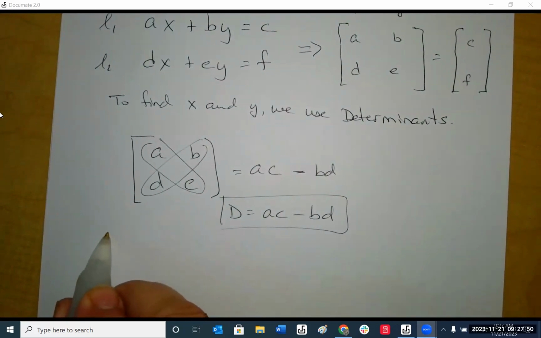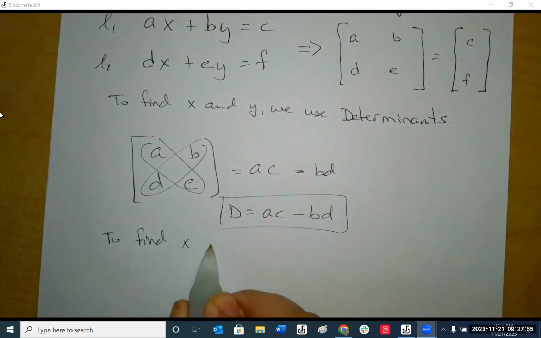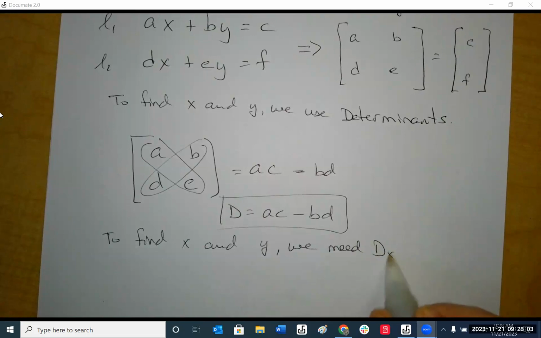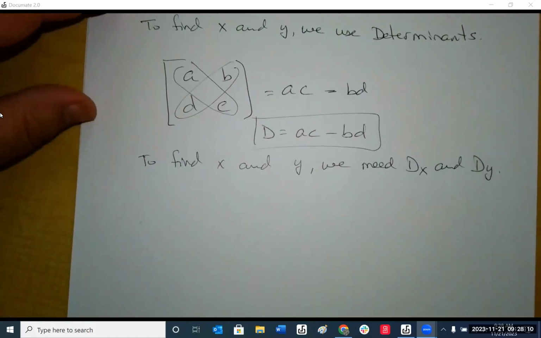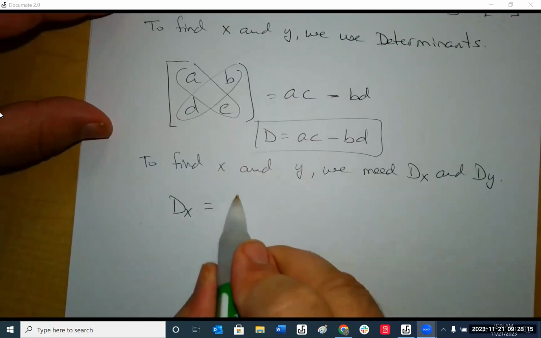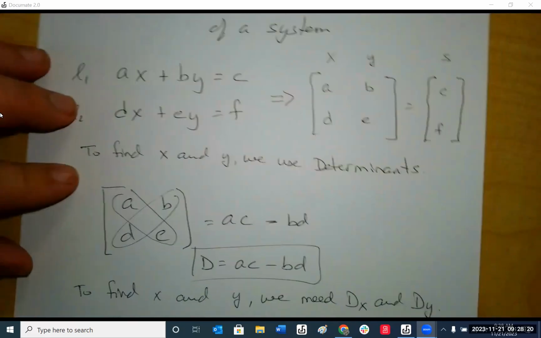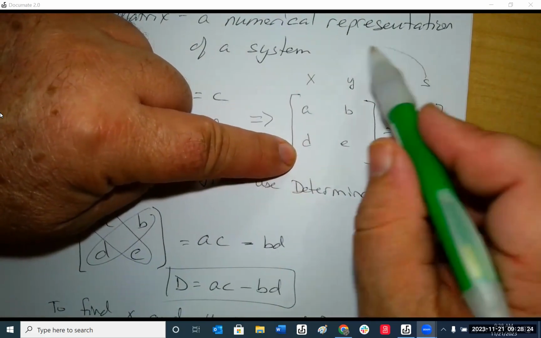Now, to find X and Y, we need the determinant with respect to X and the determinant with respect to Y. So dx, since we're solving the X column, we take the answers and put them in the X column.